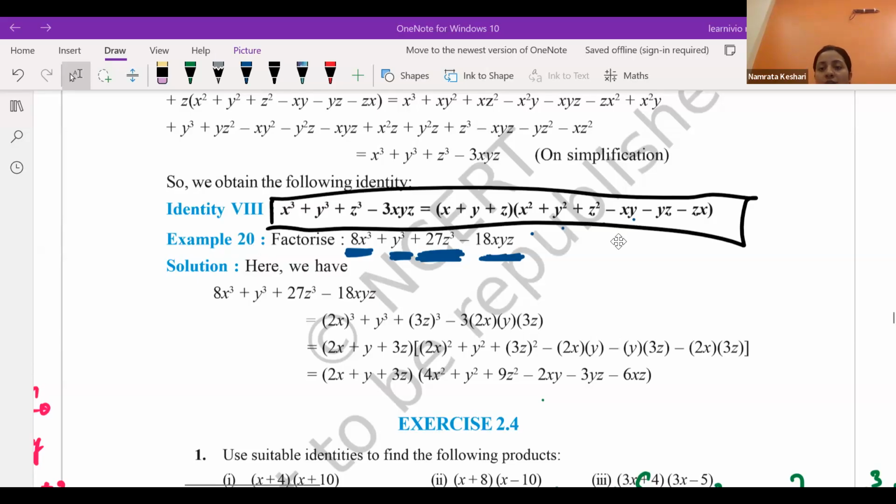You can see the formula. I'm not going to show you where the formula came from. Actually, it came from distributive property. The left hand side, both the brackets got multiplied. We have multiplied them and we ended up getting the LHS. So let's see how to use the formula, which is important.